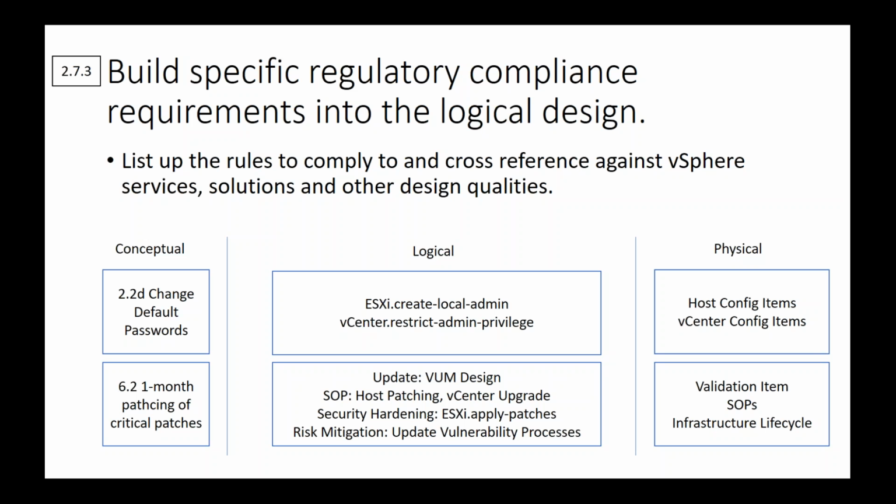Security hardening guide items for applying patches are also applicable. Risk mitigation of that item might be that we might need to update the vulnerability processes to include vSphere-related patch notification monitoring, and process them accordingly.